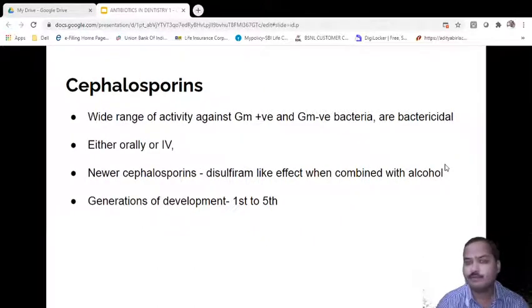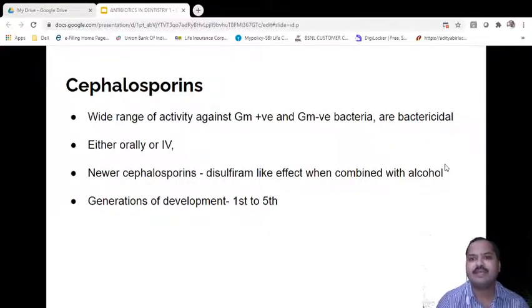Then we come to cephalosporins. Cephalosporins have a wide range of activity against gram-positive and gram-negative bacteria, and they act by inhibiting cell wall synthesis and are also bactericidal. They can be given either orally or intravenously, and they are eliminated primarily by renal excretion.